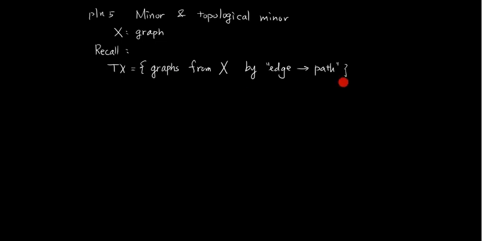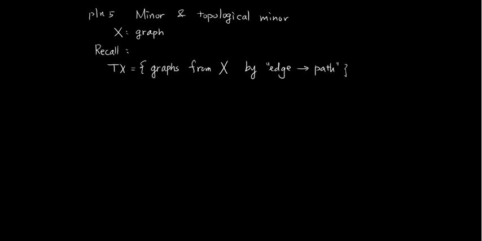I did not write it very clearly, but I said the full sentence verbally. This means that all the graphs obtained from X by replacing an edge with a path. You can replace several edges by several paths.